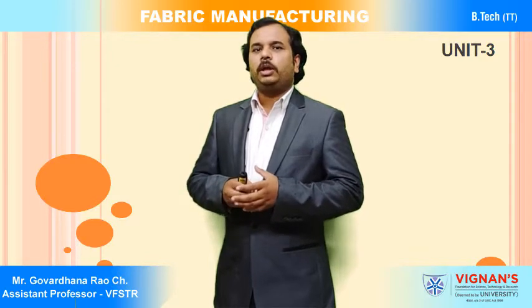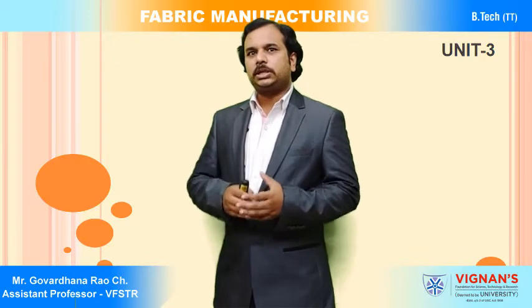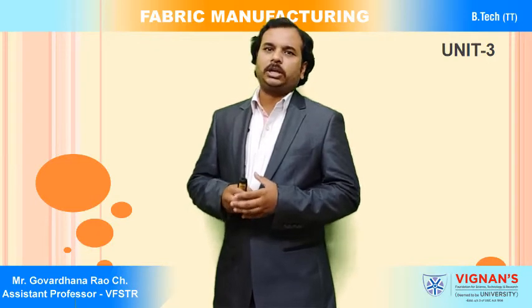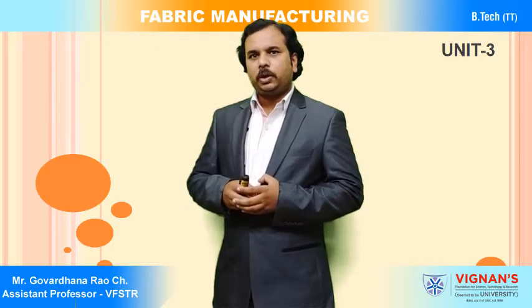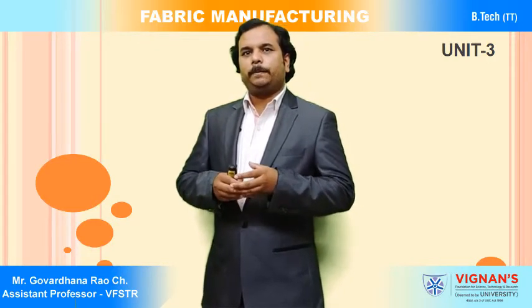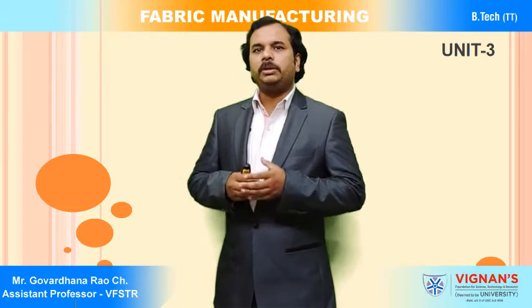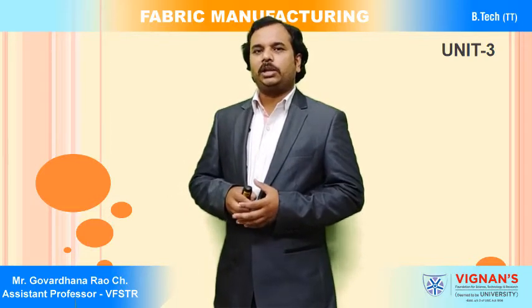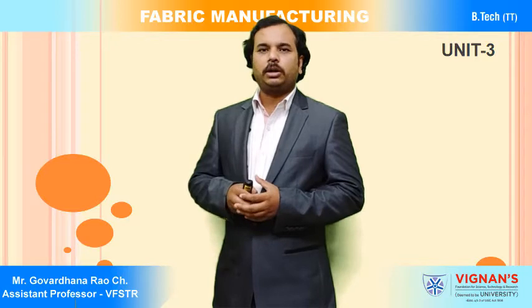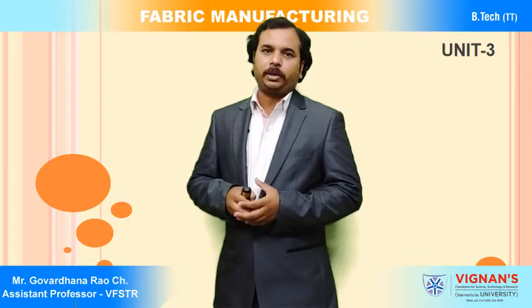Okay, so in warping we discussed what the different types of warping machines are, like direct warping or beam warping, and the second one, sectional warping or indirect warping.